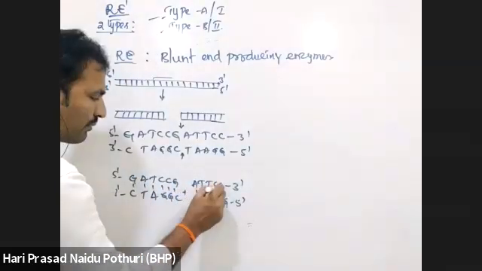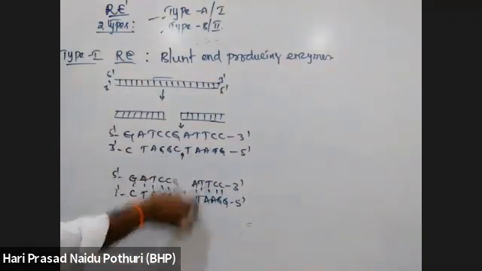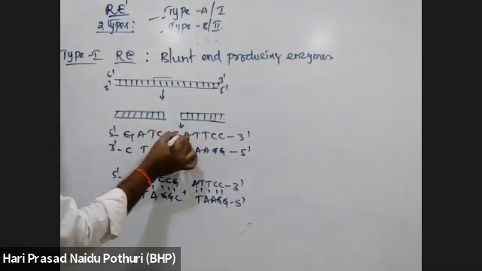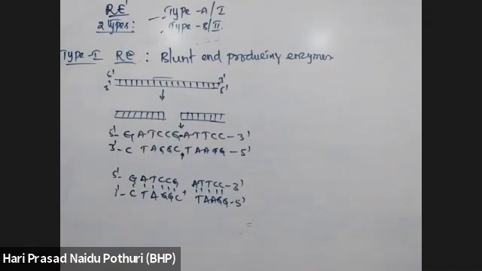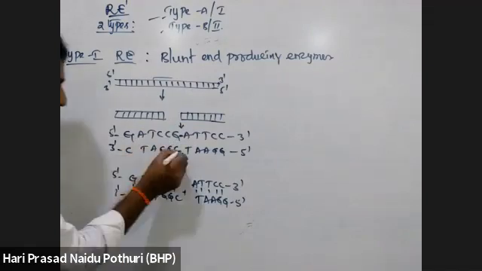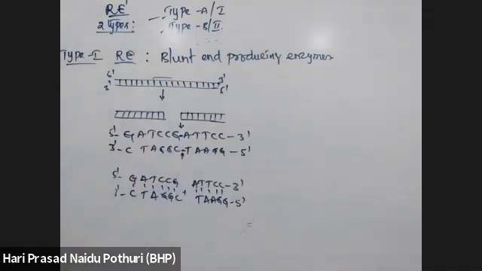These two fragments are evenly cut. Wherever the phosphodiester bond is broken in the first strand of a double stranded molecule, in the second strand also at the same place there is a breakage of the phosphodiester bond.